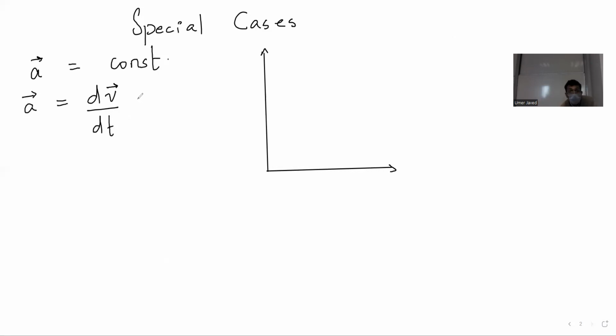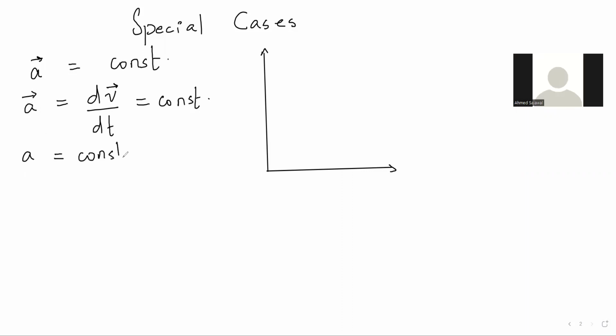Now I will say it's physics 1, so I will say it's constant. I'm going to remove the arrows, by the way. So it's const dv by dt.